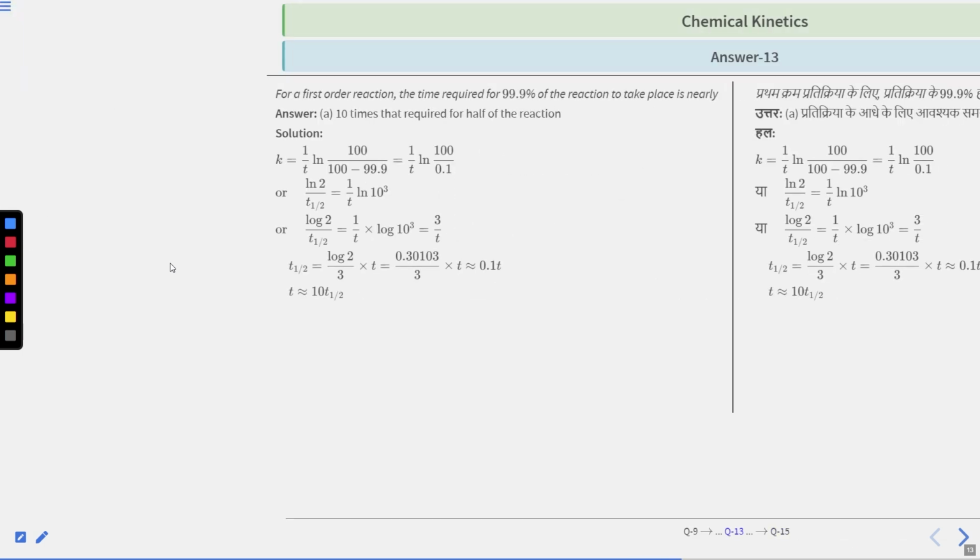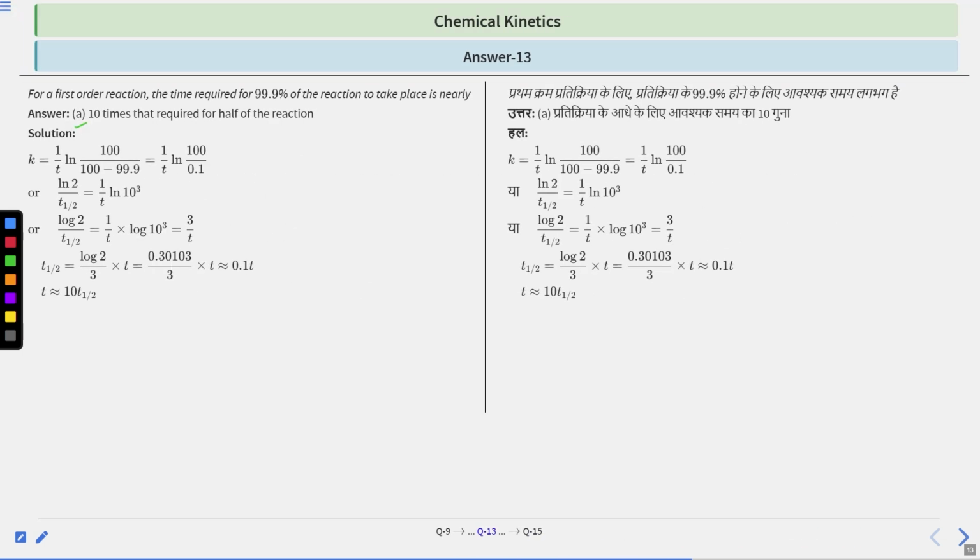Okay, let's see. The correct answer is option A, that is 10 times that required for half of the reaction. So K, the rate constant for the first order reaction, is equal to 1 by T ln of initial concentration, the total concentration, divided by the remaining concentration.